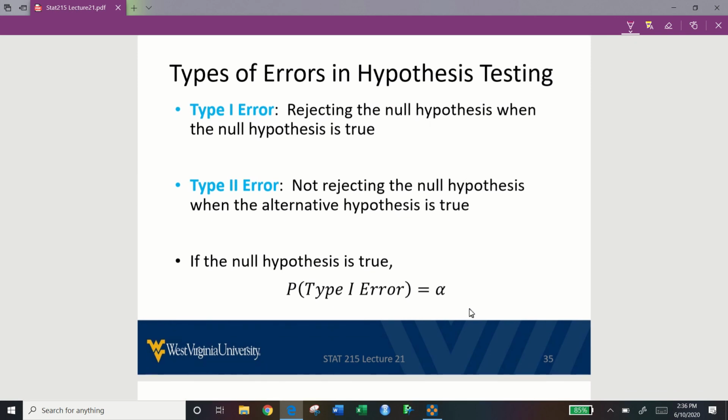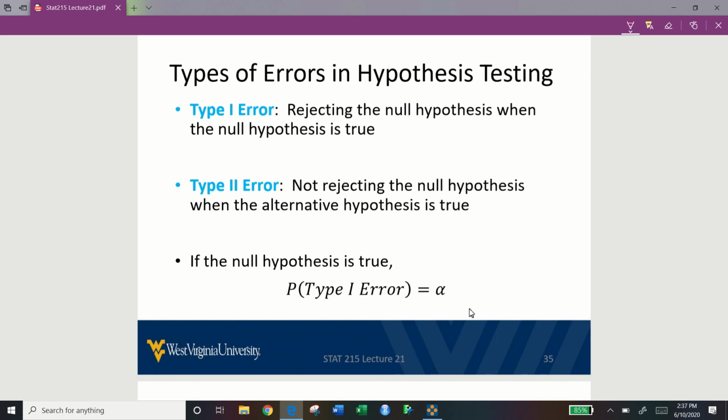Okay, so just at this point, let's formally define a type 1 error and a type 2 error. A type 1 error is when we have rejected the null hypothesis when the null hypothesis is true. A type 2 error is not rejecting the null hypothesis when the alternative hypothesis is true.